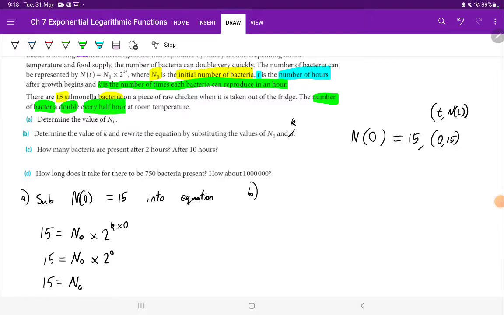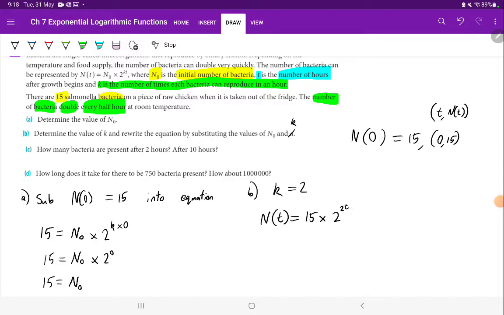So since there are 2 half hours in an hour, that means it's going to reproduce twice in 1 hour. So k is going to be equal to 2, which gives us an equation. N(t) is equal to 15 times 2 to the 2t.